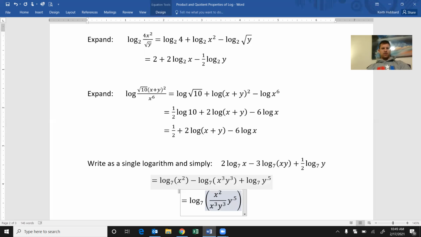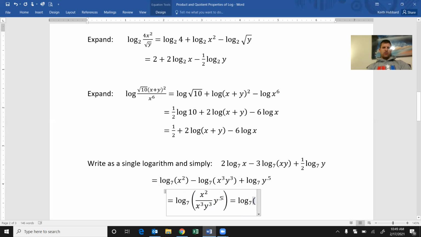That's just what we got there, okay? Now, all of that is supposed to simplify. Notice we've got a bunch of powers, and so we're just going to use the rules for exponents. I've got an x squared over an x to the third. That's 2 minus 3, that's -1.